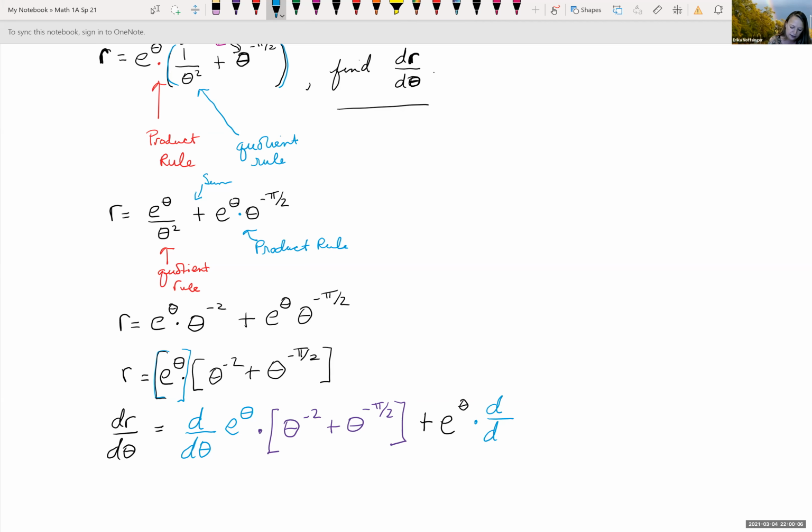So d/d theta, taking the derivative of the second without really doing it yet, is theta to the negative 2 power plus theta to the negative pi halves power. So now let's go through, take the derivative, and simplify.